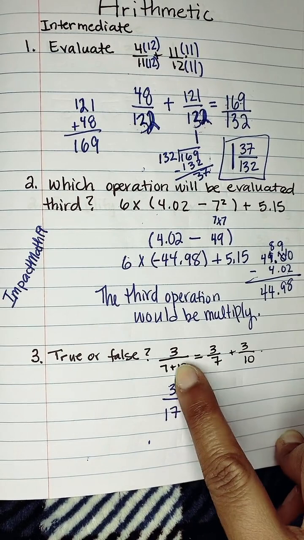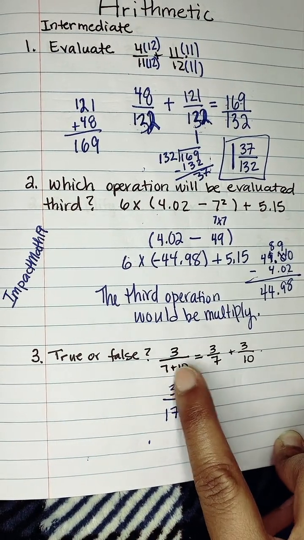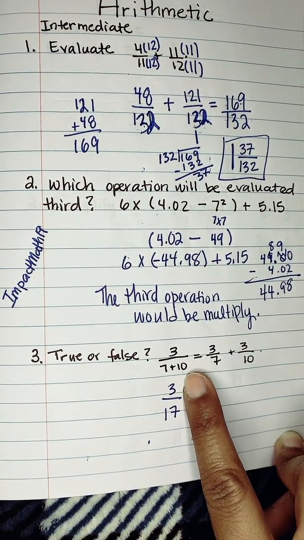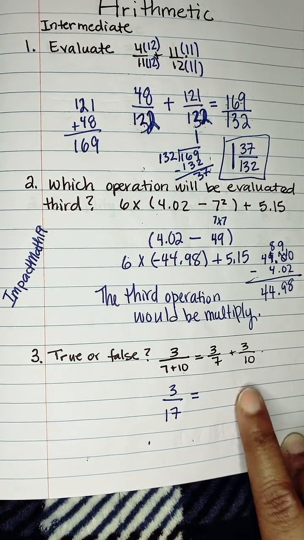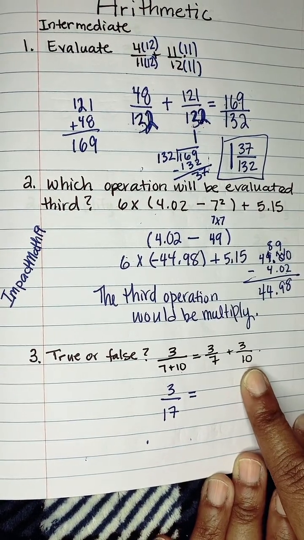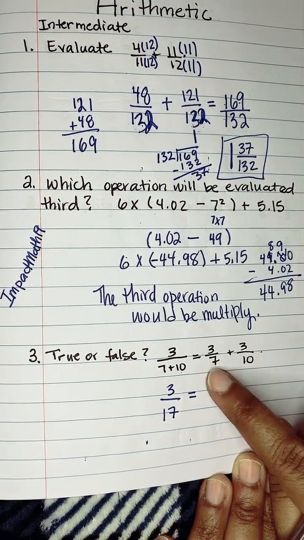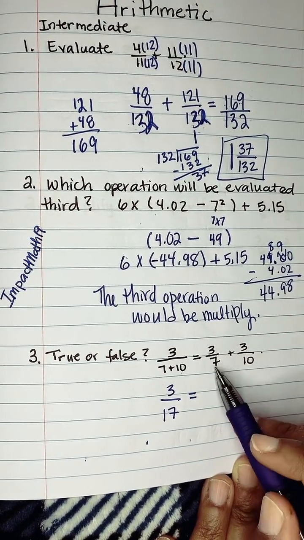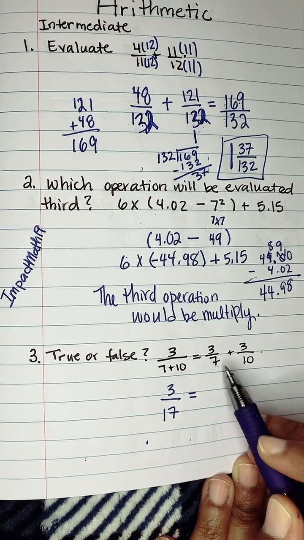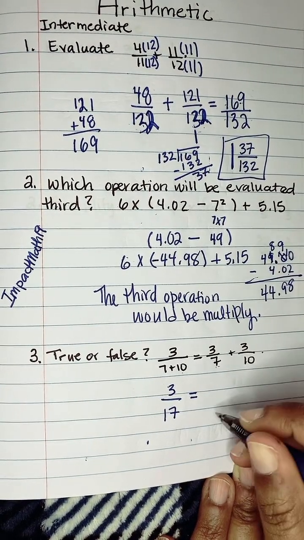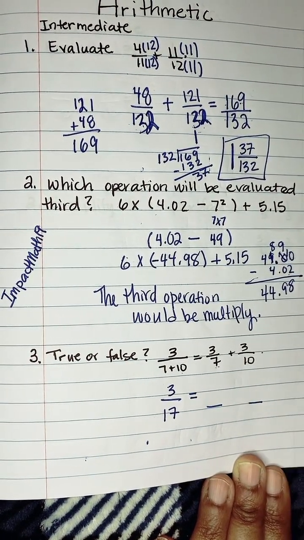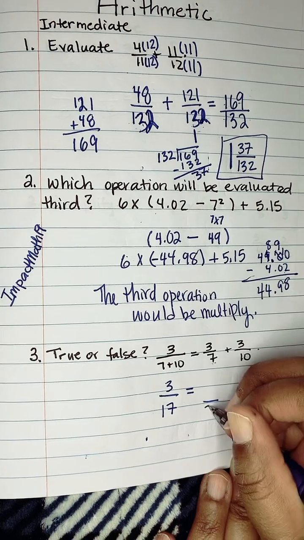See how this is underneath the same bar? So that's why we can do this 7 plus 10. Here, we have two separate bars. So we cannot just do 7 plus 10. We have to come up with the same common denominator. And since this is prime, we know that we can just multiply these two numbers to come up with the denominator. So 7 times 10 is going to be 70.